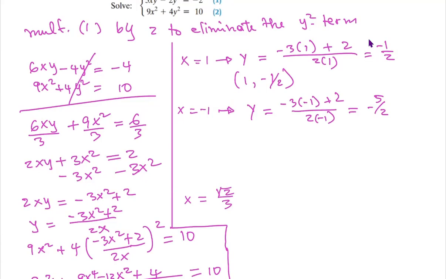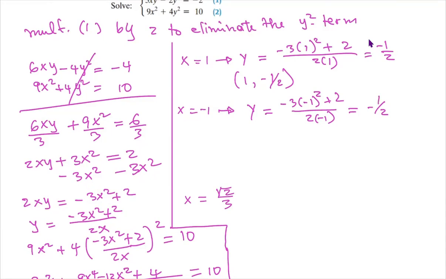Oh, that's x squared. Sorry. So yeah, it's still going to be -1/2, because it's -3x squared.